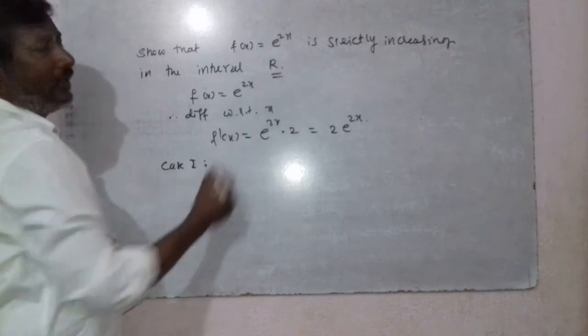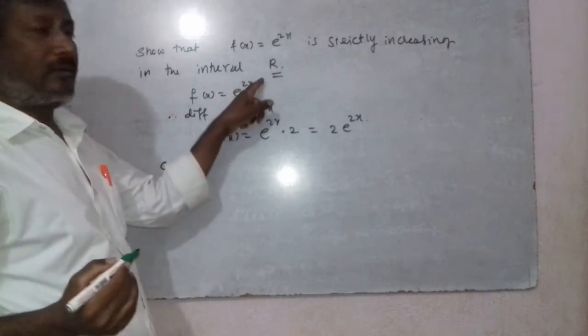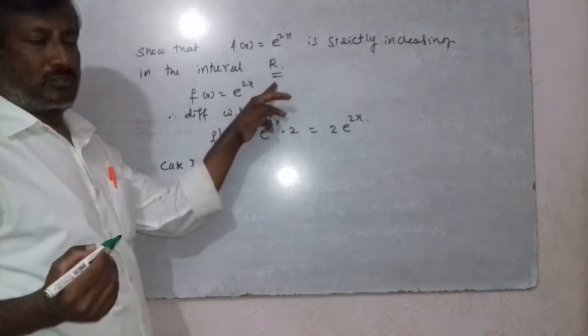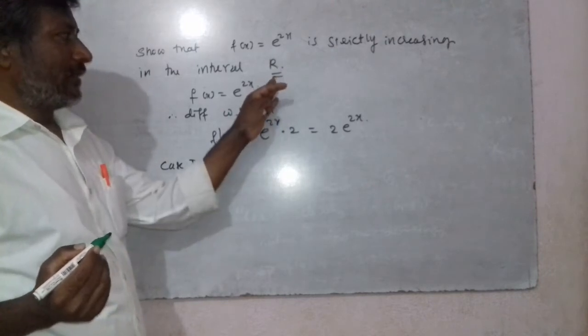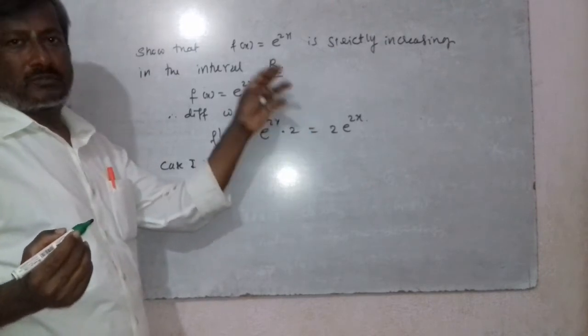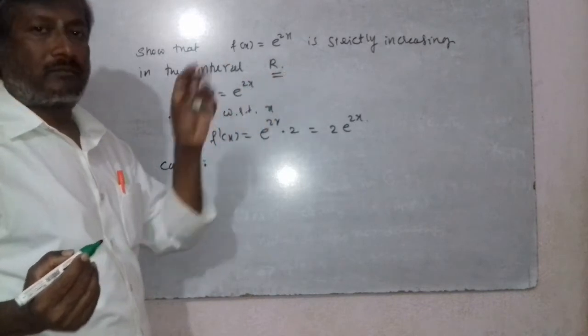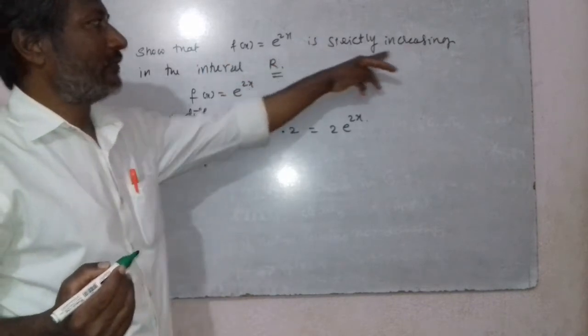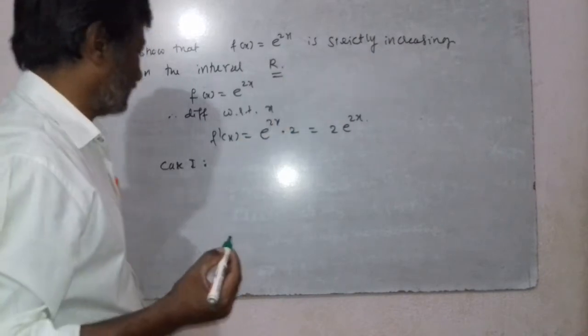Here R means it includes real number inputs, positive and negative, and 0. So we have to check this for negative values, positive values, and for 0. For all these, if it is positive, then we can say that this is an increasing function.